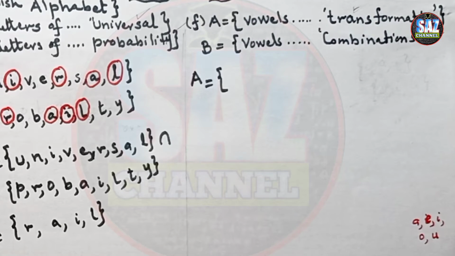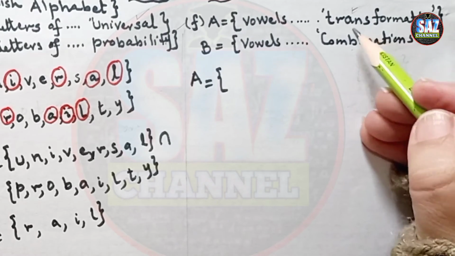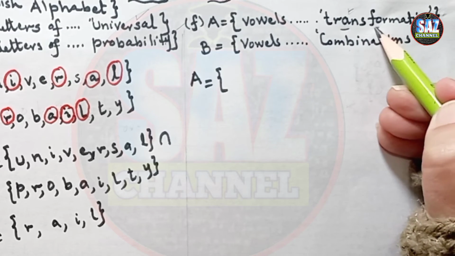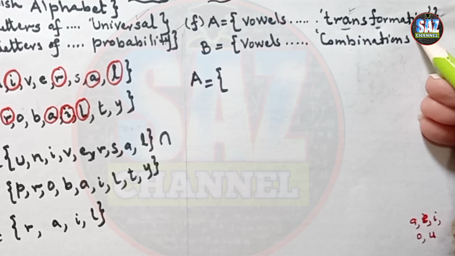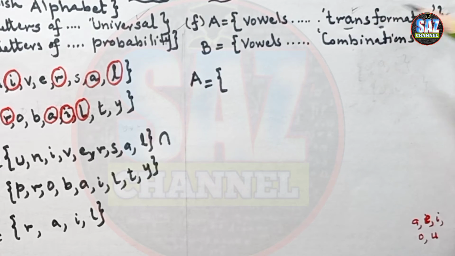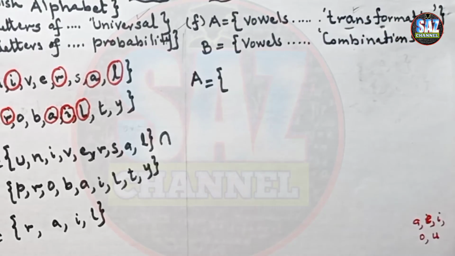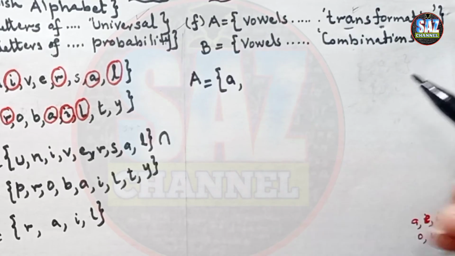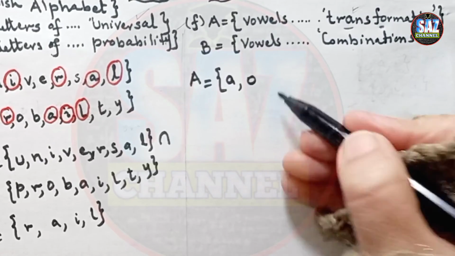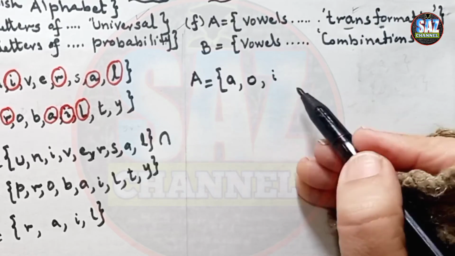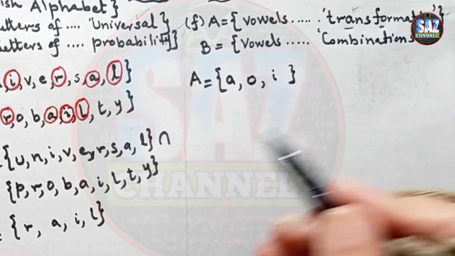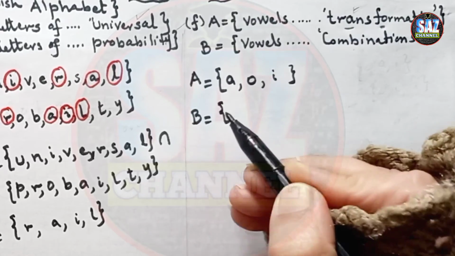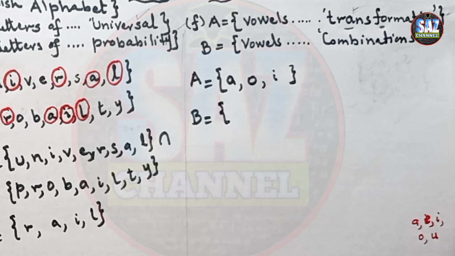So I just have to pick up these letters from the given words. The first vowel is A, then O, and then I, and I will not be writing the elements which are repeating. So A, O, and I are the three vowels from set A. Coming to set B, again I have to pick up the vowels from combination.